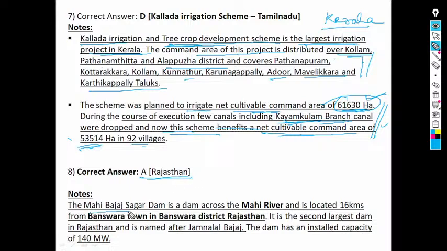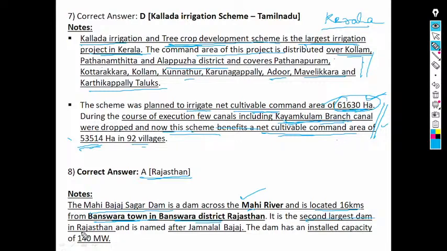Next, look, Mahi Bajaj Sagar Dam is a dam across the Mahi River. The Mahi River is a west flowing river which drains into the Arabian Sea, which we have already discussed previously. The Mahi is also an important west flowing river, and the dam is located 16 km from Banswara town in Banswara district of Rajasthan.